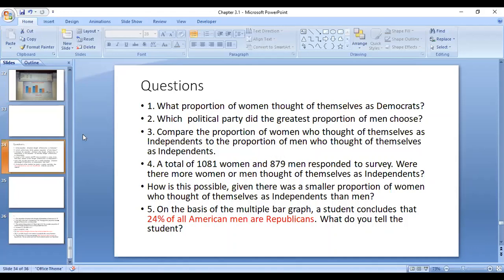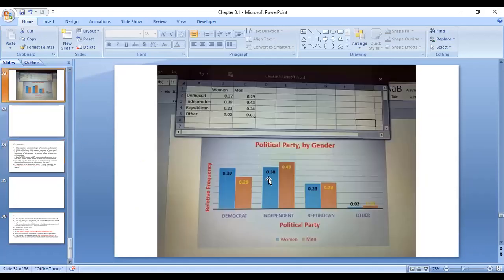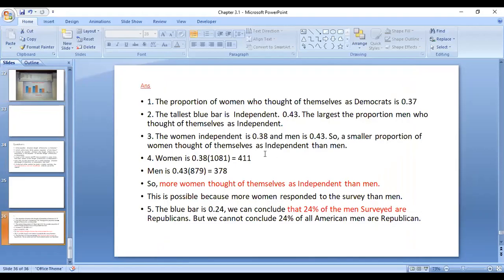So even though the proportion of women is smaller than the man, when you find the number, you see the woman is greater than the man, right? Because the women in the survey are greater than the men in the survey.